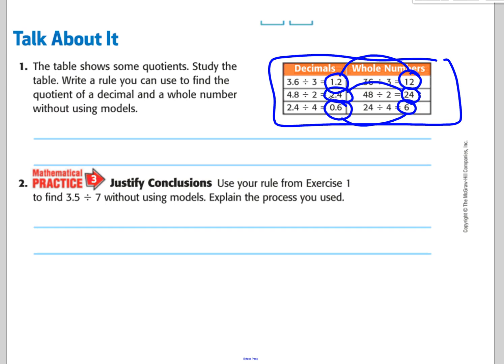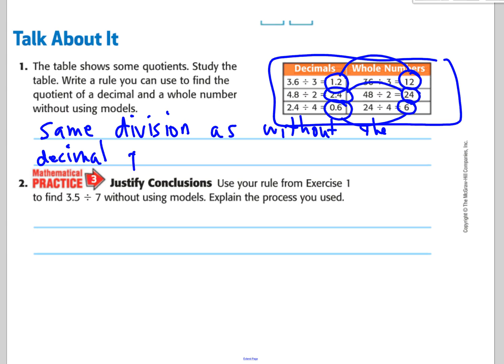So what's our rule? Well, it's the same division as without the decimal point. Then add in the decimal point.